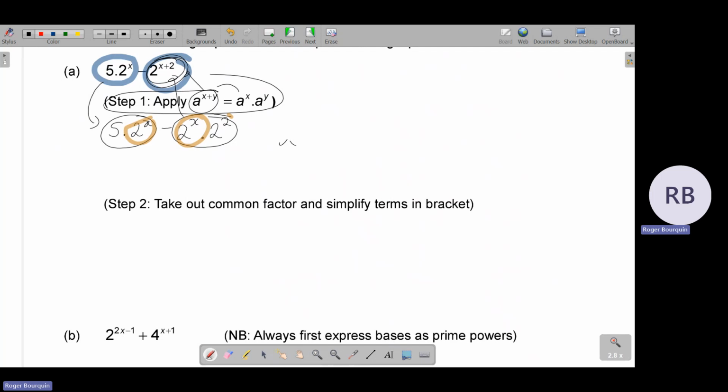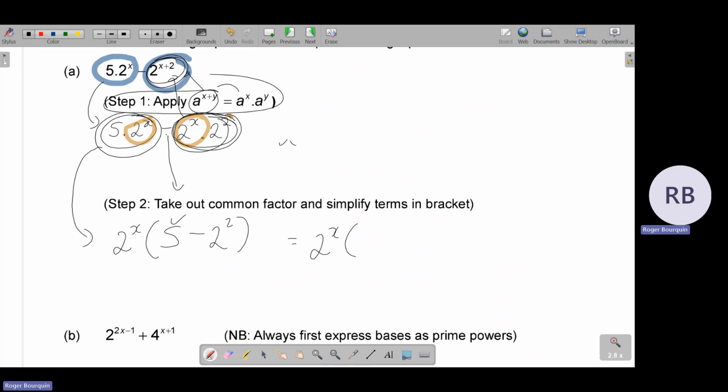So the common factor is 2 to the x. What do I have to times 2 to the x by to get back to that term? By 5. Then I've got a minus sign in between over here. So it becomes minus. What am I left with in this circle? 2 squared. And if I simplify the thing in brackets, 5 minus 2 squared is 5 minus 4, which is 1. So it just simplifies to 2 to the x.